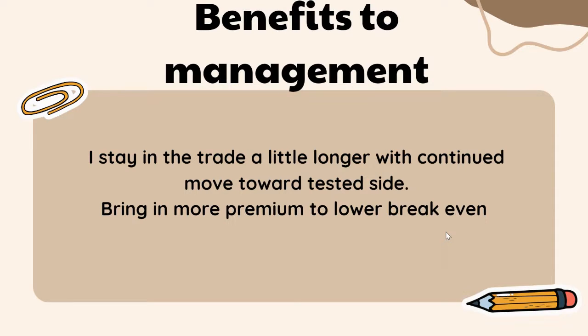If the market does turn towards the untested side pretty significantly, then you would have to worry about that and you might possibly get stopped out as well. But I find that doing this strategy, rolling the untested side, usually the untested side is around 0.02, 0.01 delta. So there's very little left in that particular option. Rolling that out will give you more premium to stay in the trade longer.